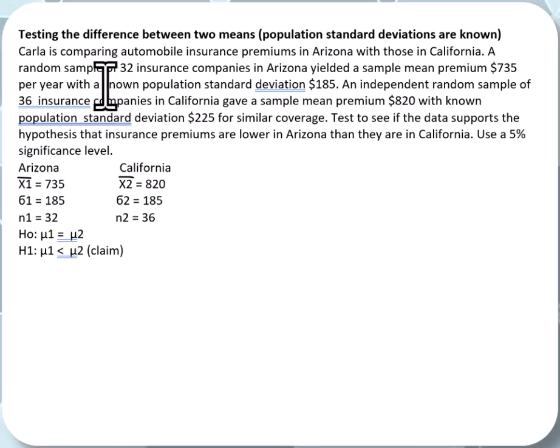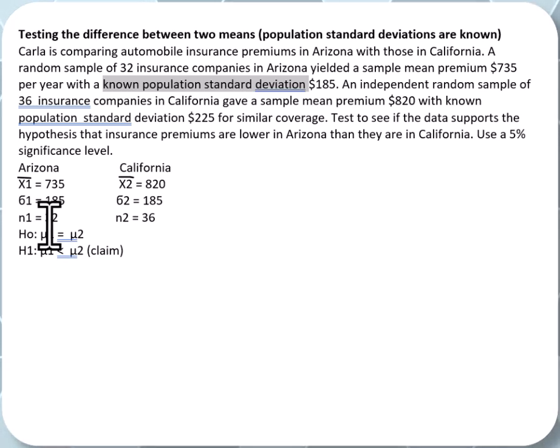Once you see known population standard deviation, that's a sigma, not an S. And if he gives me sigma, we cannot use the T test. We must use the Z test. Be aware of this. So you can see here, I put X1 bar under Arizona, 735. I didn't put S1, I put sigma 1, 185, and n1 is 32.